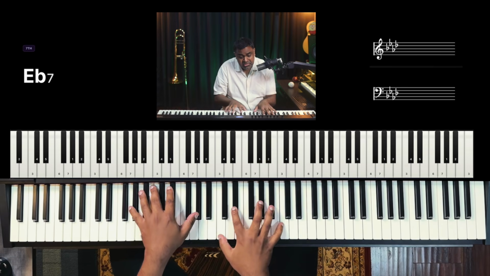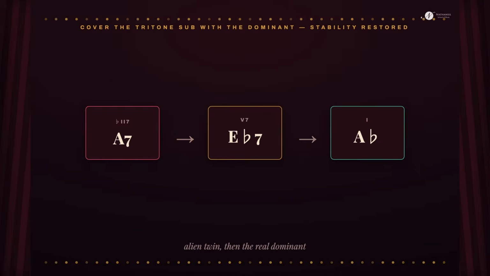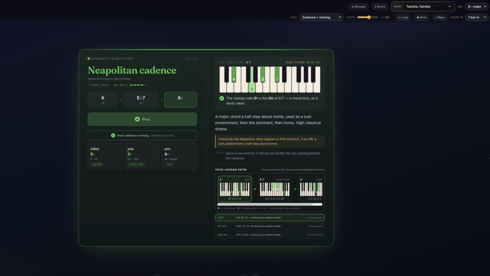You can also cover the tritone sub with the dominant to give you a more stable resolution actually. Also in some contexts known as the Neapolitan cadence, used a lot by Beethoven.